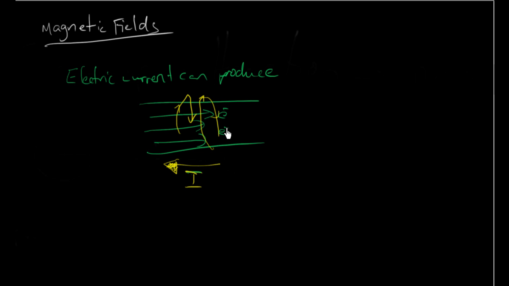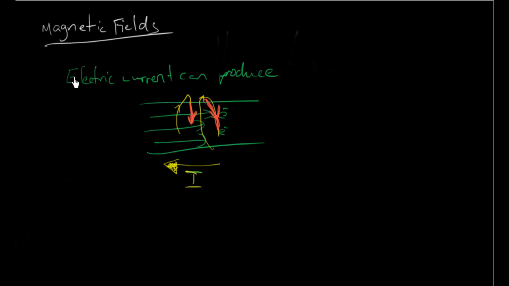And just to make sure that that diagram makes sense, the red part is the part of the back of the cable, and the yellow part is the part in the front. So yeah, current would be going like that, and the magnetic field would be going around in that direction.